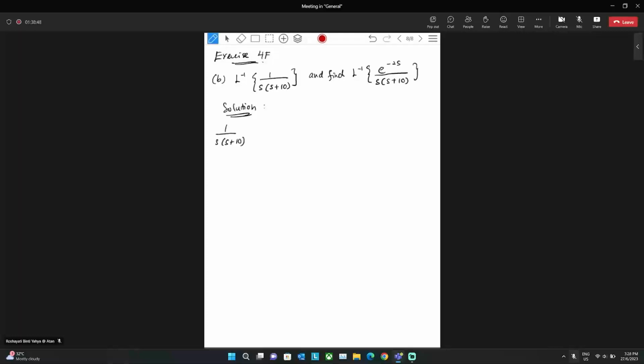Equal to, so here we start with A over S, plus B over S plus 10.